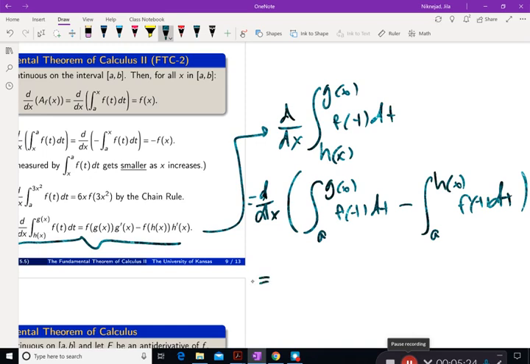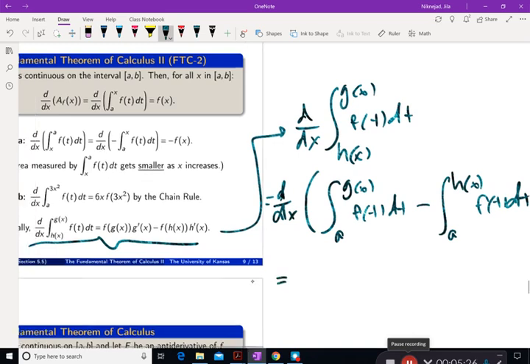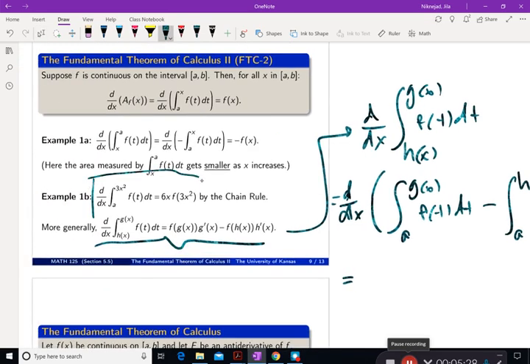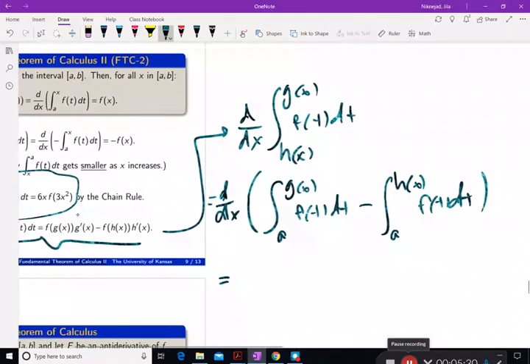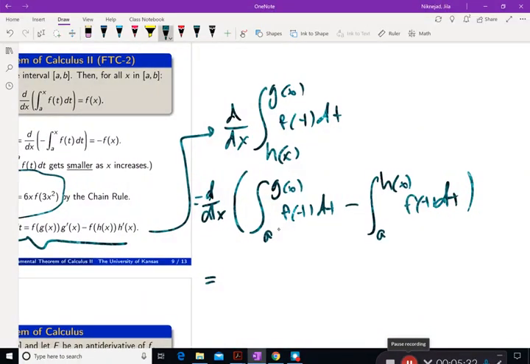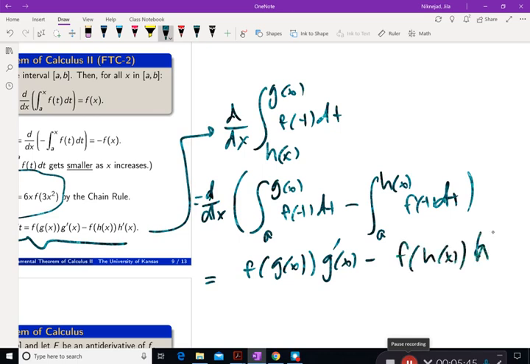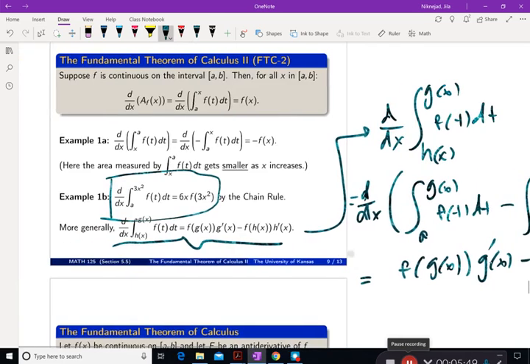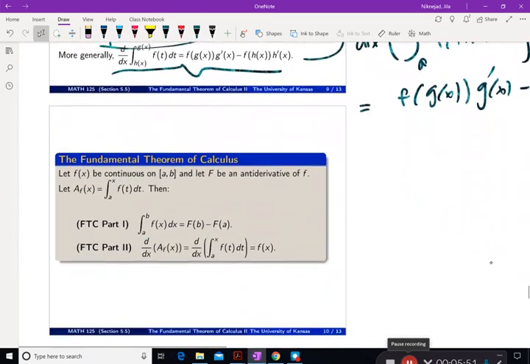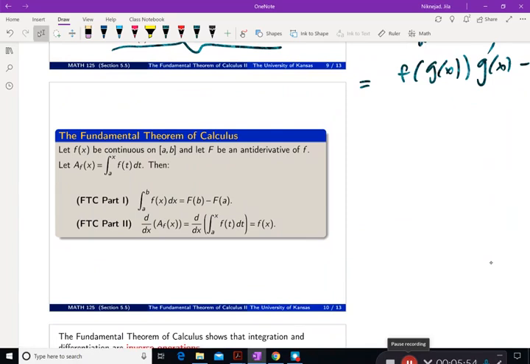Now, in this case, according to a similar situation that we have here, the derivative of the first part is going to be f at g of x times g prime of x, and the derivative of the second part is going to be f at h of x times h prime of x. And again, this almost is a formula for us, and we use that every time.